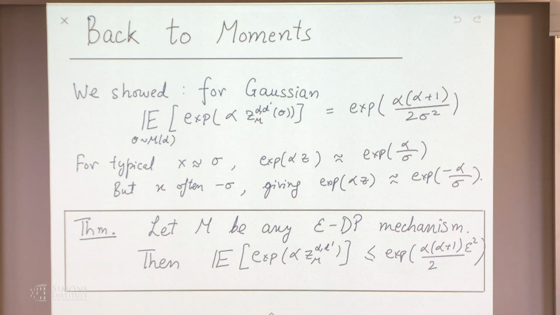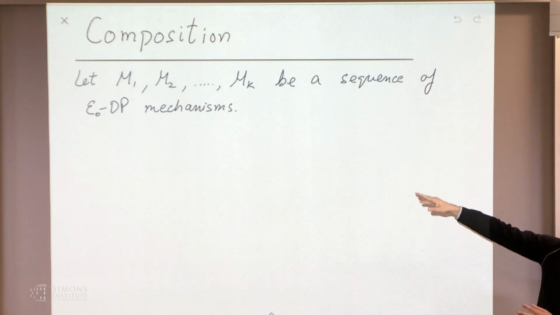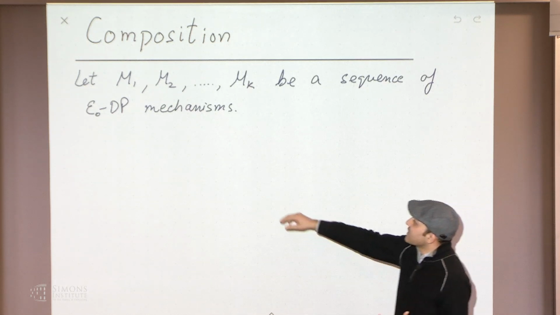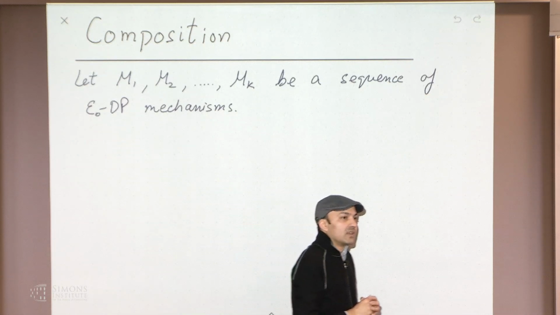Okay, so let's use this to prove a very important property of differential privacy, which is composition. So composition says that if I have a sequence of differentially private mechanisms, M1 through Mk, and suppose each one of them satisfies a certain differential privacy guarantee, I'll call it epsilon 0 dp.